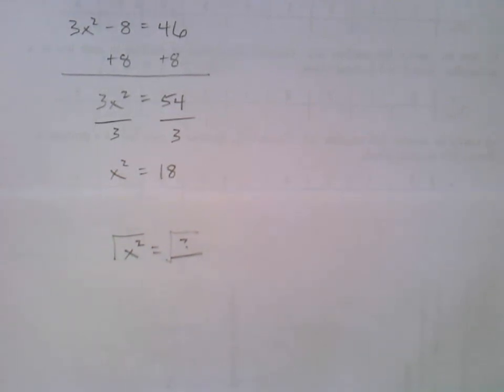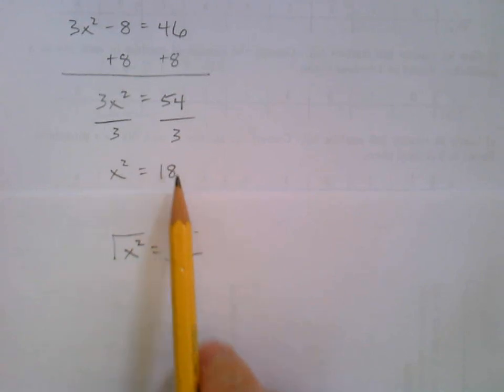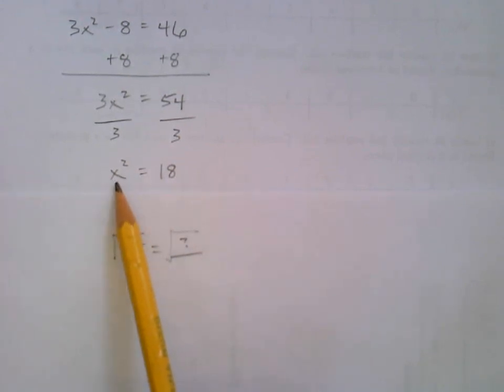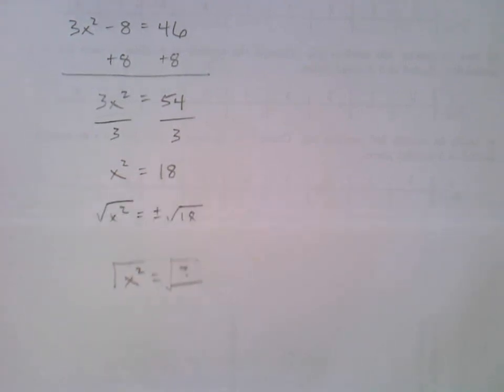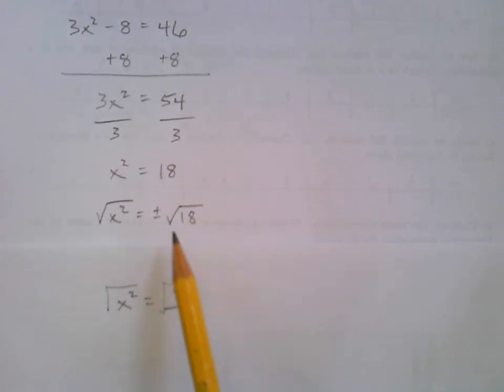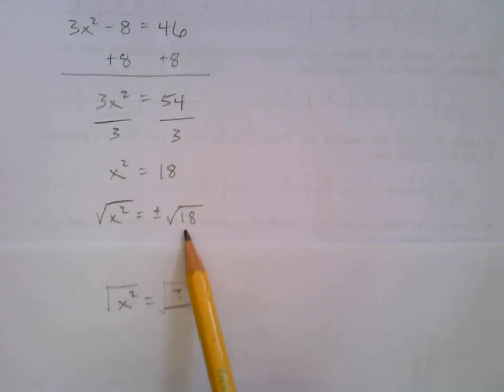And we wind up with x squared equals 18. Okay, our first task is completed. We got the x squared by itself. It equals some number. We really like that because once we have the x squared by itself, then what are we going to do? Well, take the square root of both sides, of course, to cancel our square here with x. So we'll take the square root of 18.